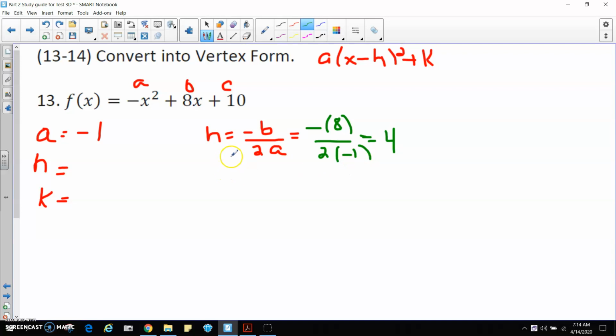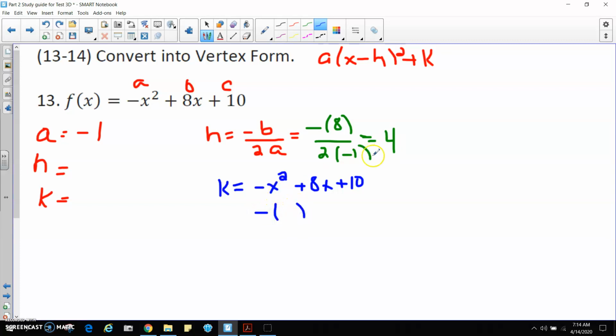Now we're going to find K. For our K, we're going to use this formula here because K is like y, and f of x is y. So we're going to plug into the -x² plus 8x plus 10. I use my parentheses.